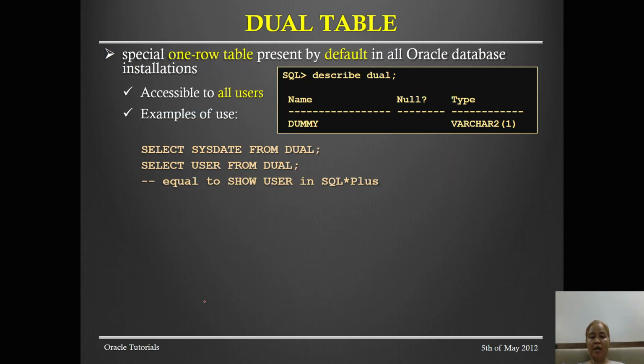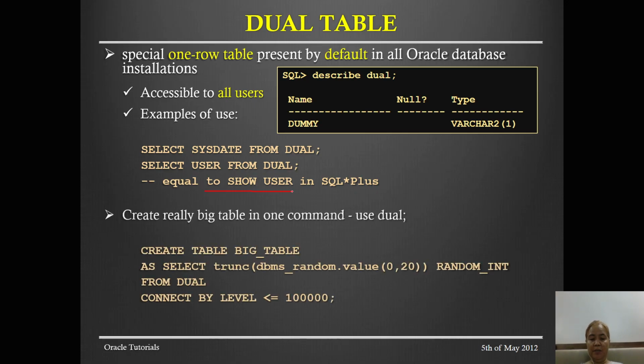So this is one of the examples of dual tables. A special one row table present by default in all the SQL or Oracle database installations. Accessible lahat siya sa user. Halimbawa, select sysdate from dual, ayan, and select user from dual to show user in SQL+.